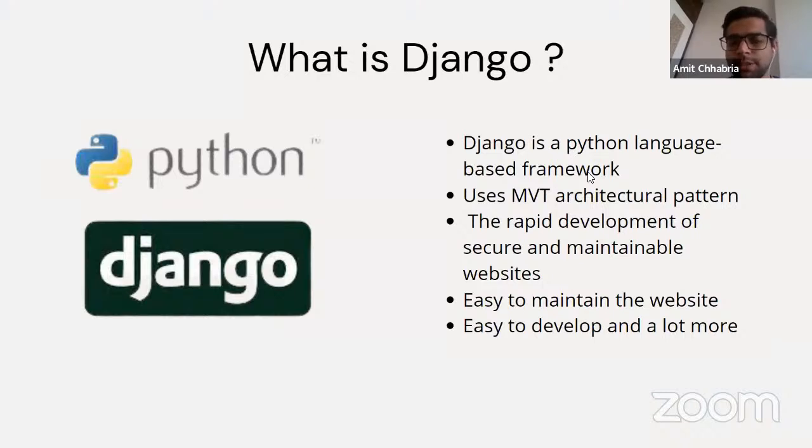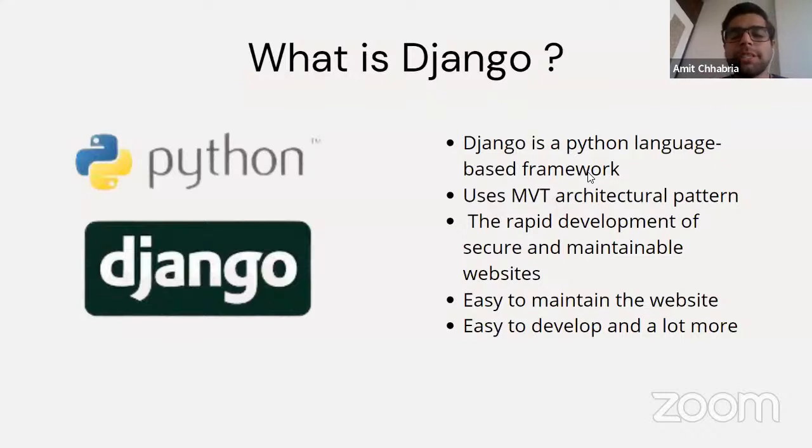Django is a framework that uses MVT. Now MVT, you may not have any idea as such. I will let you know in our upcoming slides, but just keep in mind it's an architecture on which this whole Django web framework is developed. MVT is model, view, and template. We will look into it in our upcoming slides for sure, and you will get to know a lot about MVT.